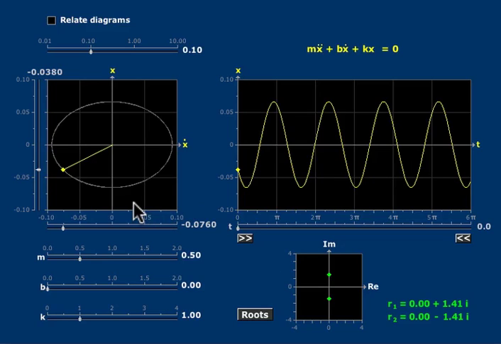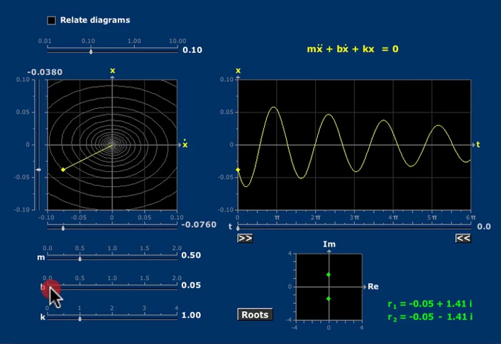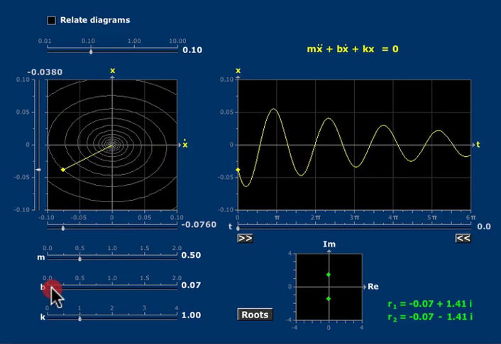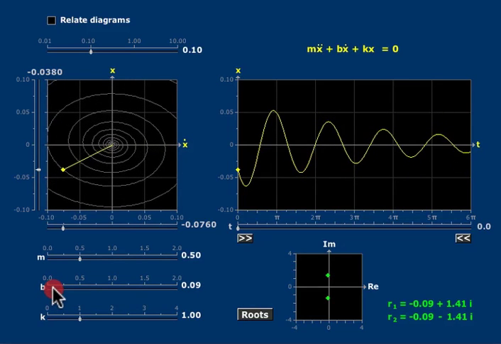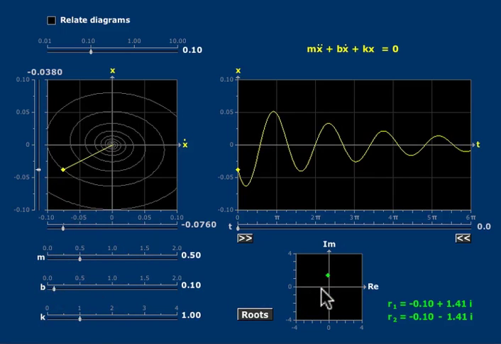Both the solution and its derivative vary sinusoidally. As I increase b away from 0, I get spirals, and at the same time the roots move off the imaginary axis. They acquire a negative real part, which is minus b over 2m, incidentally.